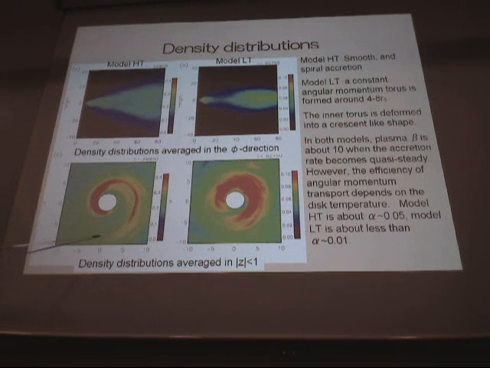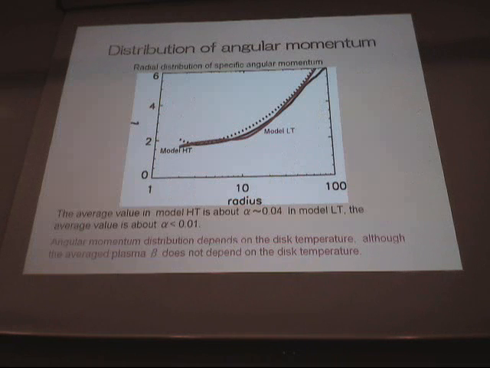The average alpha in the high temperature model is 0.04 or 0.046, and in the low temperature model it is less than 0.01. So the inner torus is formed in the low temperature case.